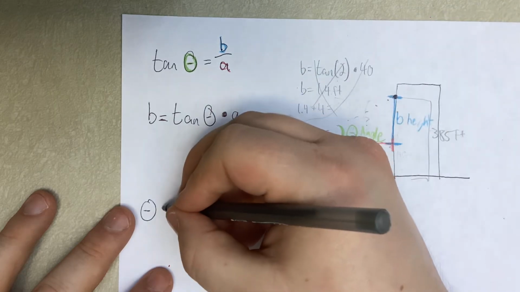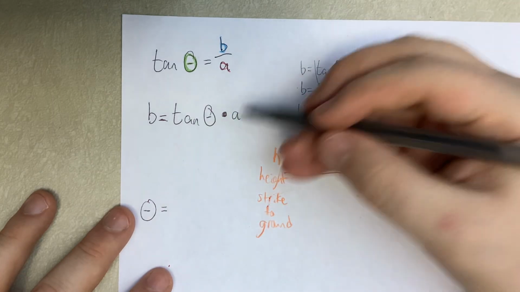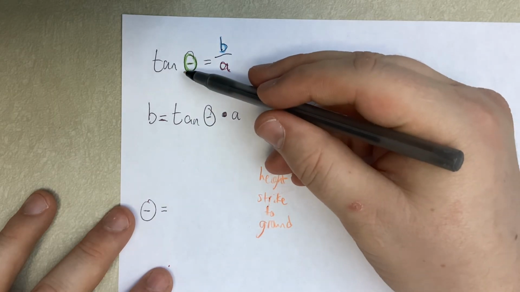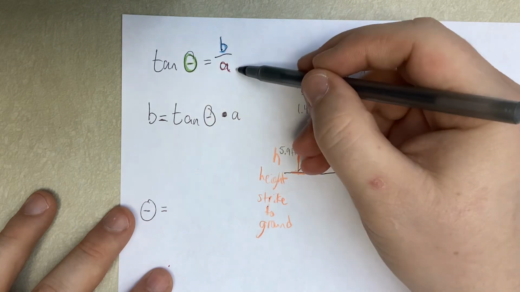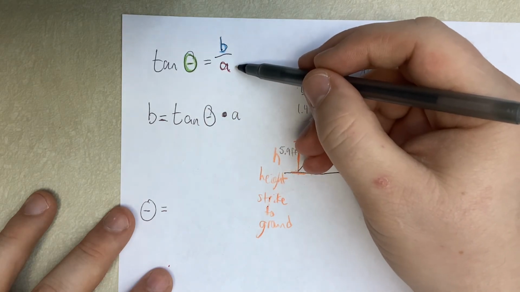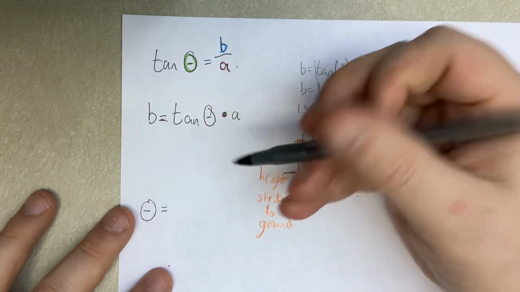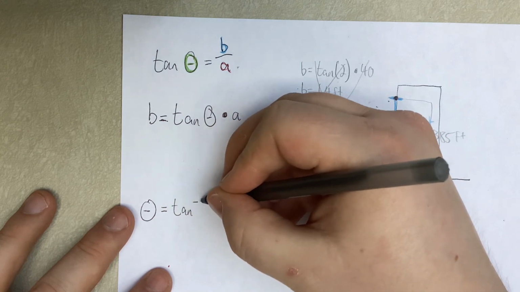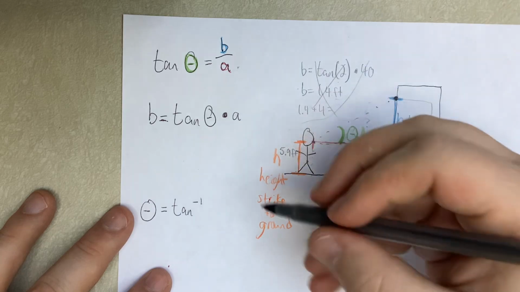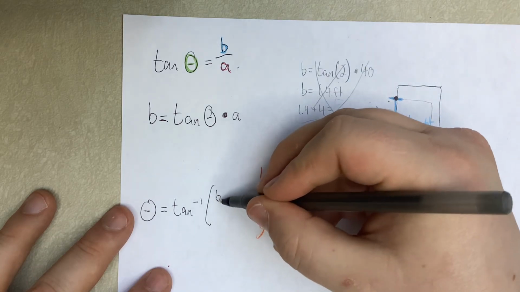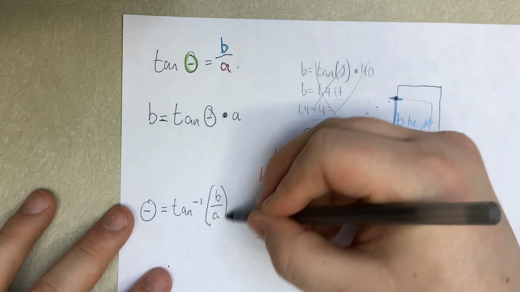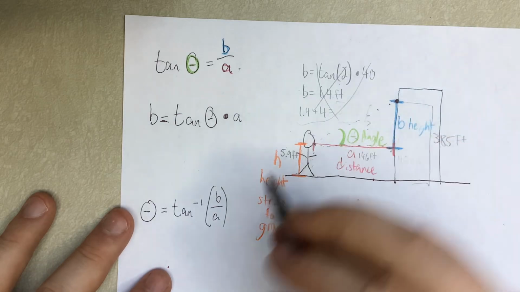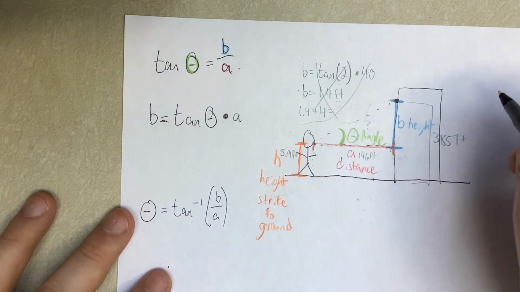Theta is equal to, rearrange my formula, all I need to do is get tangent on this side away. So all we need to do is take the inverse of this tangent. So all I need to do is tan inverse. So the inverse of tangent of b divided by a. So it's going to require a slightly different button on our calculator to solve for this one.